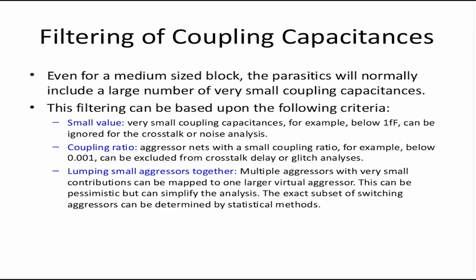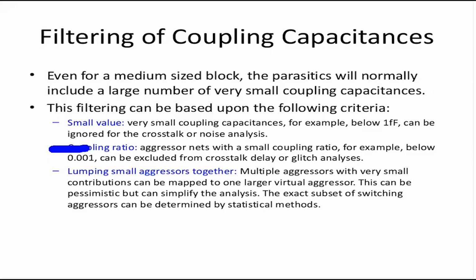The filtering is usually carried out by PrimeTime. Obviously, there are some variables to control the filtering process. There's a variable that controls how small a coupling cap value can be filtered out. For example, below 1 femtofarad, you can filter out the coupling cap. More important than the absolute value is the coupling ratio, which is the ratio between the grounded cap and the coupling cap.